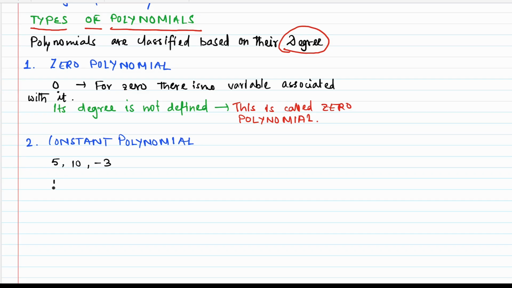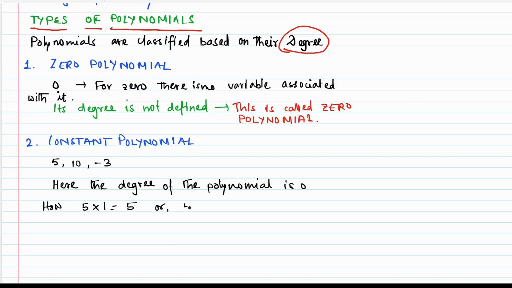Next is the constant polynomial, say 5, 10, minus 3. These are constants. Here the degree of the polynomial is 0. How? 5 into 1 is equal to 5, or we can write 5x to the power 0, because x to the power 0 is 1. So here we can determine the degree, although the variable is not directly associated.